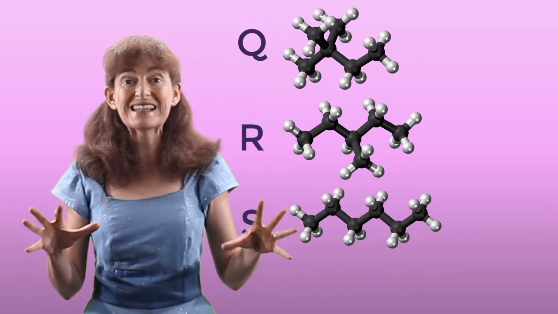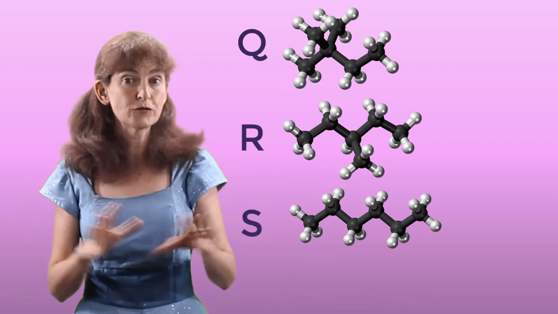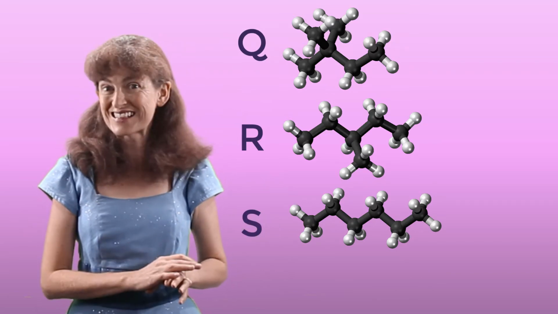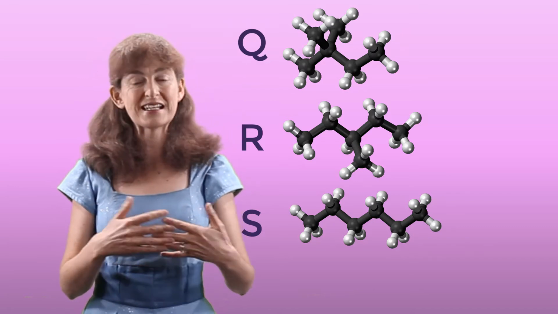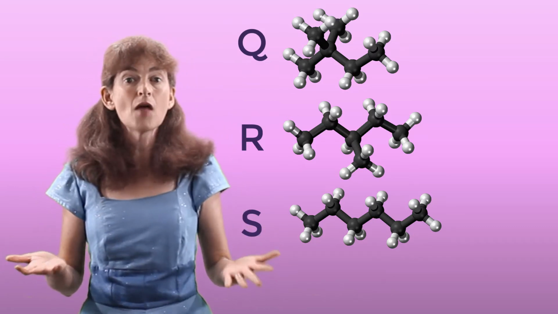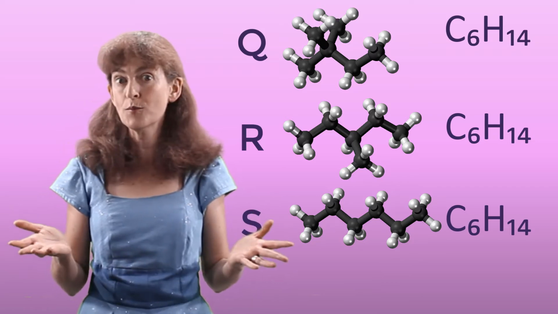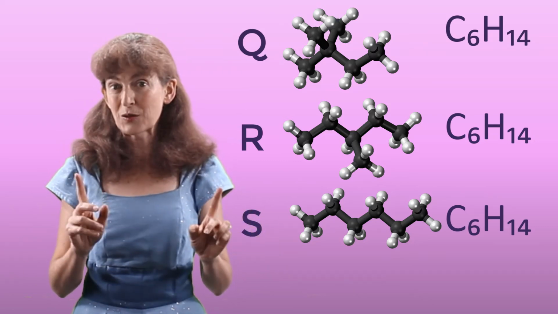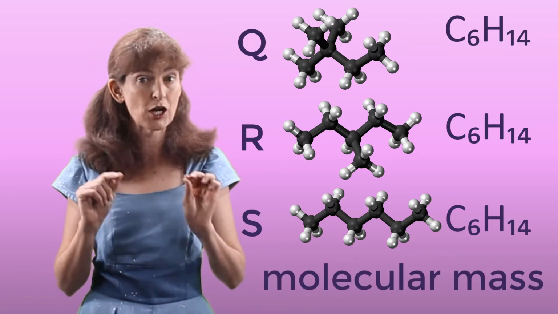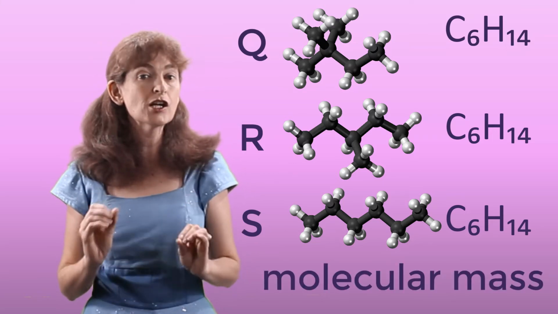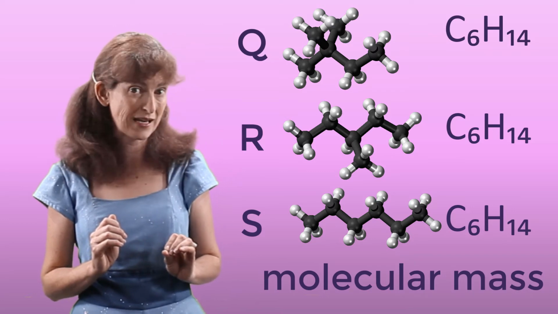So what do we see is controlled? What is fixed between Q, R, and S that would be of relevance to boiling point? Now we see because they're chain isomers, they all have the same molecular formula. Why is that relevant? Because by having the same molecular formula, they also have the same molecular mass. And we know that molecular mass affects boiling point.